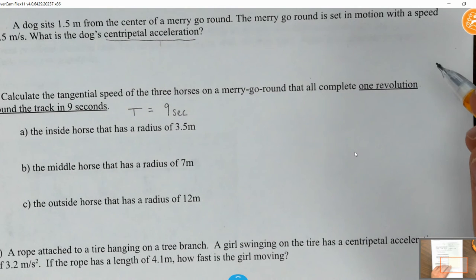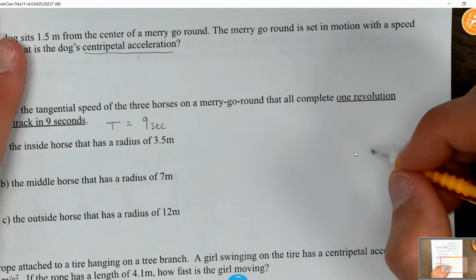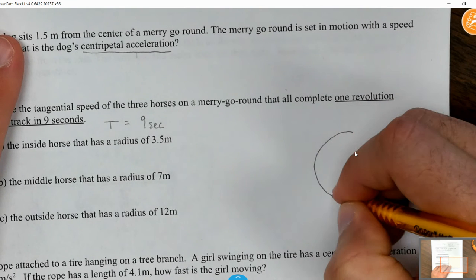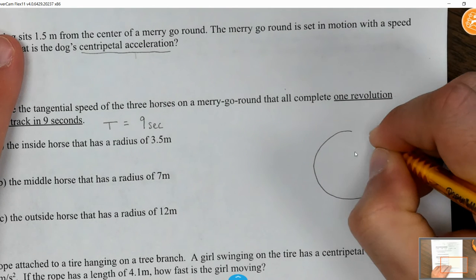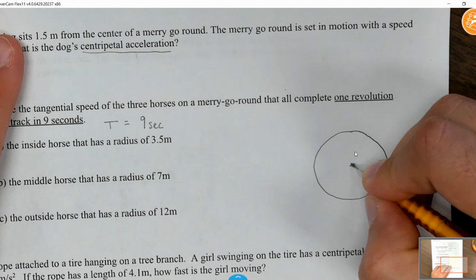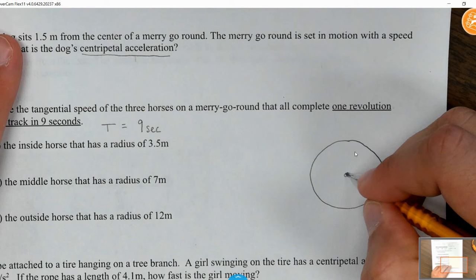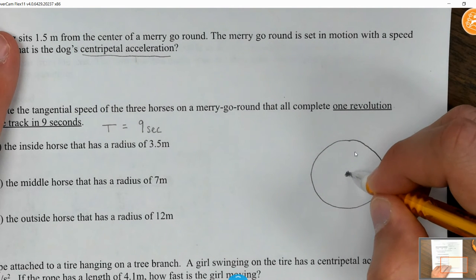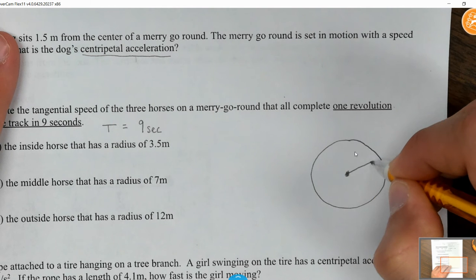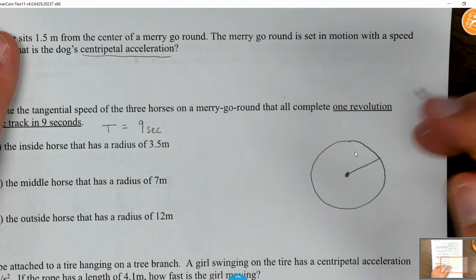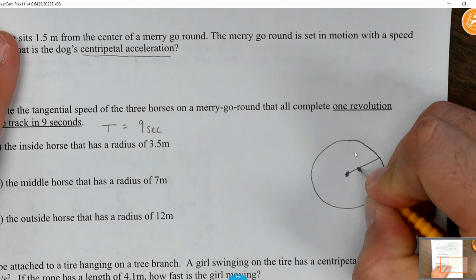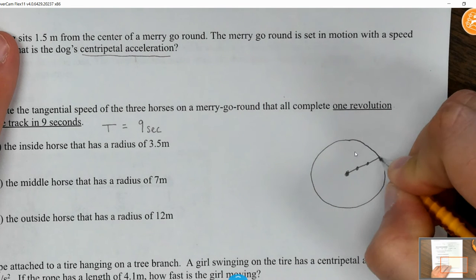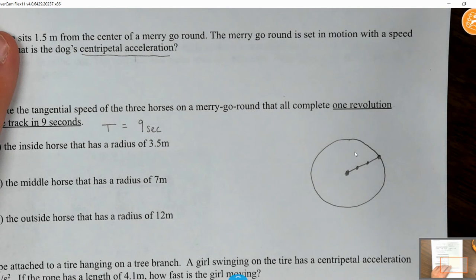Now, if you remember from the notes, if you have the horse on a carousel or merry-go-round, whatever it's called, they're all on the same rail. Okay, here would be your 3.5, your 7, and 12 meters.